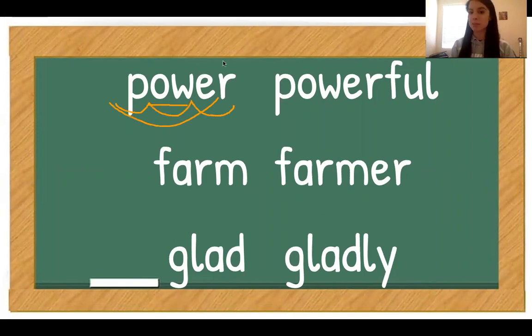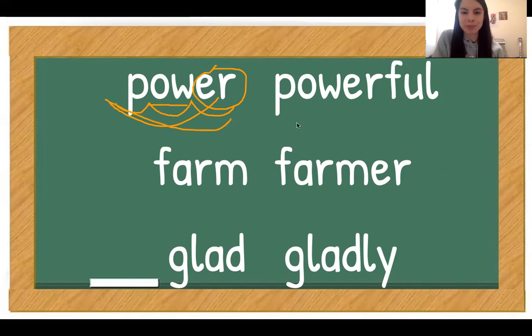So here's another example of how ER is not a suffix in this case, because if you look, pow, that's not necessarily a word. It's like a sound, right? You could say pow, but it's not a word that means something. So it is not a suffix. It just is part of the word, power. Okay, here's the suffix, full. So we have powerful, powerful, full of power.